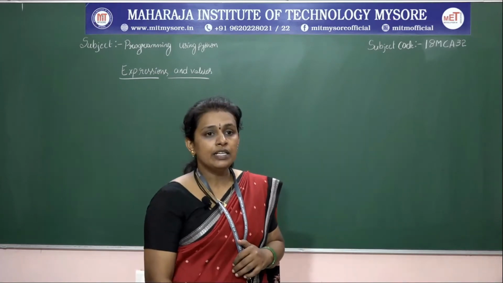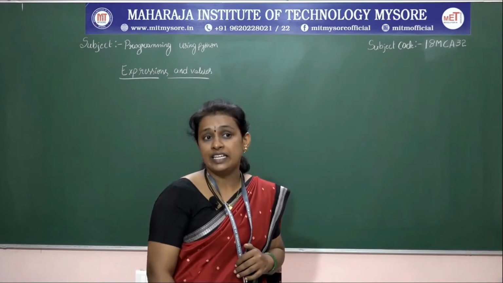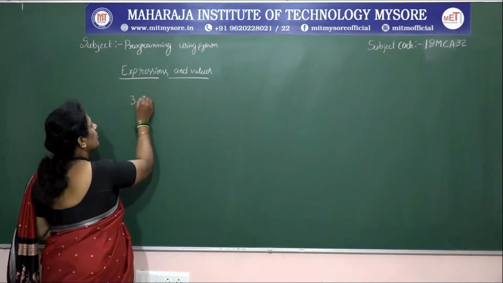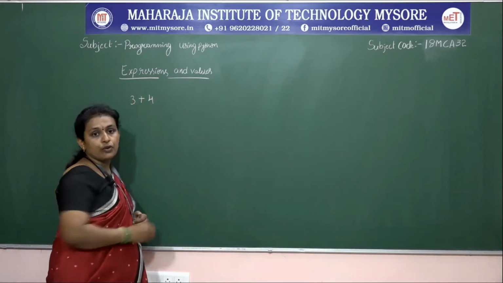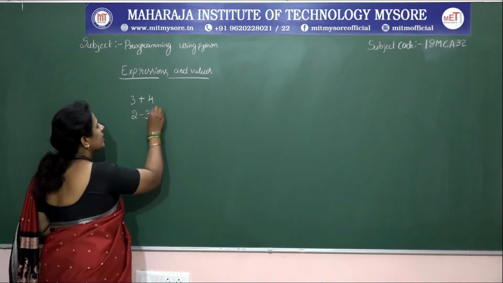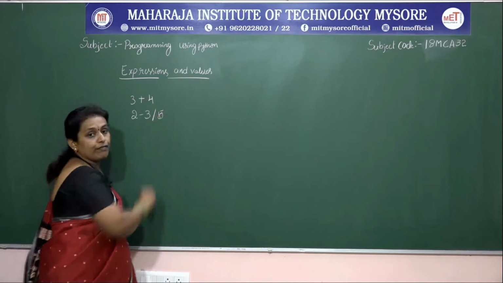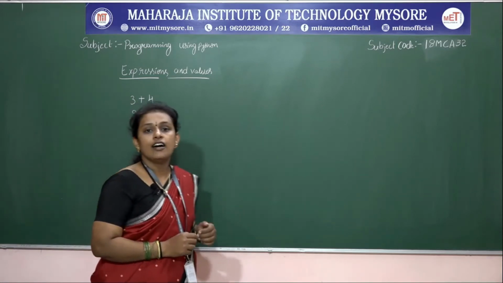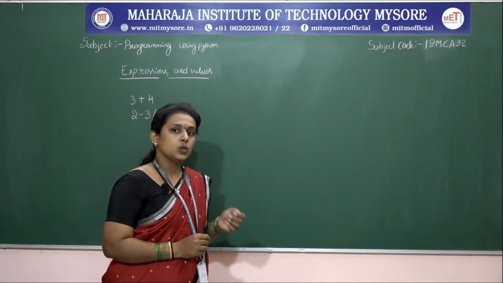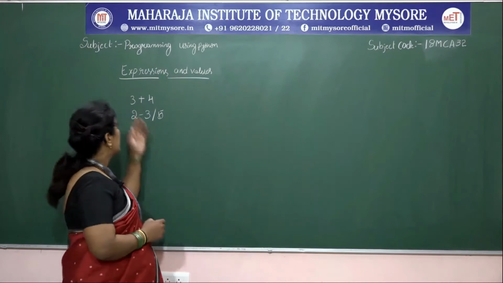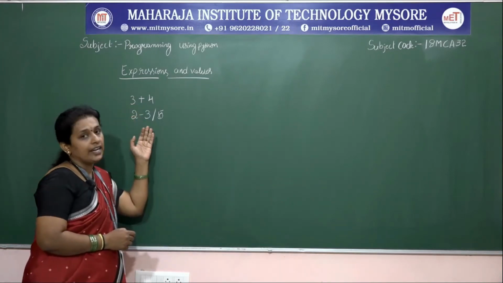Mathematically, expressions are written as 3 plus 4 and 2 minus 3 divided by 5. In an expression there are values like 2, 3 and 5, and operators such as plus, minus and division.